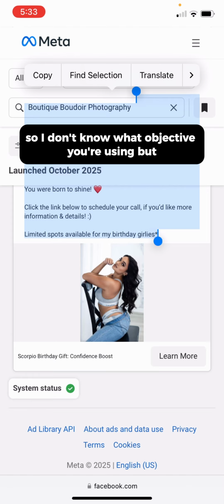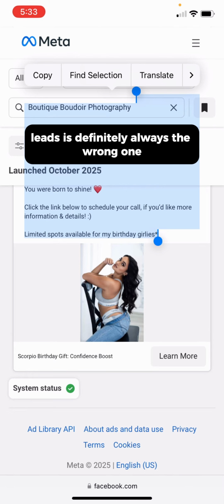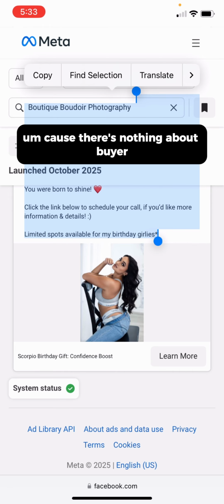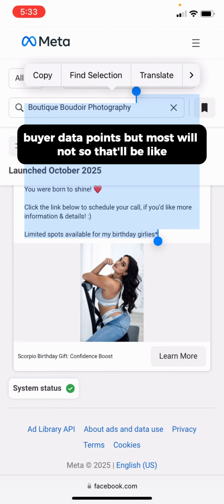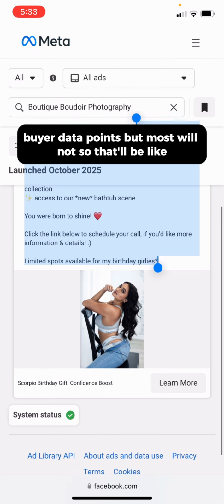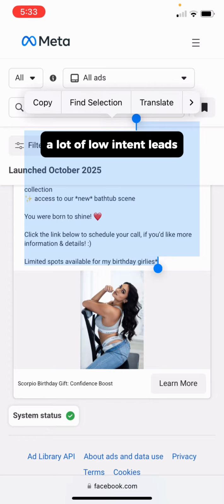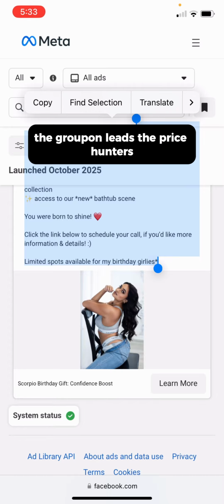So I don't know what objective you're using, but leads is definitely always the wrong one because there's nothing about buyer data points on the profiles. So yeah, a few will have buyer data points, but most will not. So that'll be a lot of low intent leads, the Groupon leads, the price hunters.